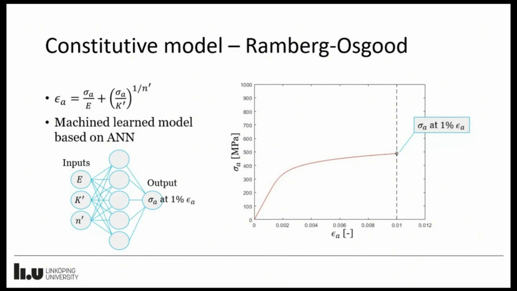And based on Young's modulus E, K and N, we can then plot or predict our stress at 1% strain here, for instance. And we adopted a machine learning model based on an artificial neural network with input as E, K, and N. And then the output or the target then is the stress here at 1%.